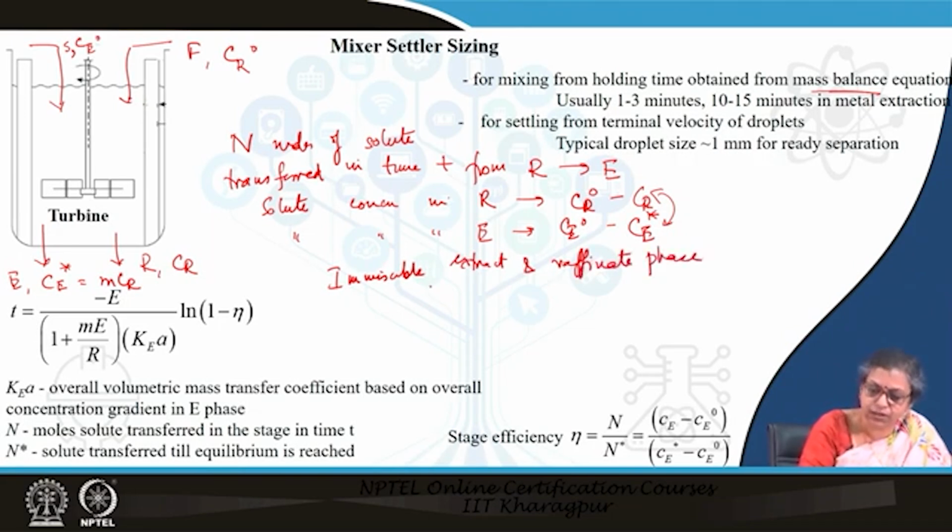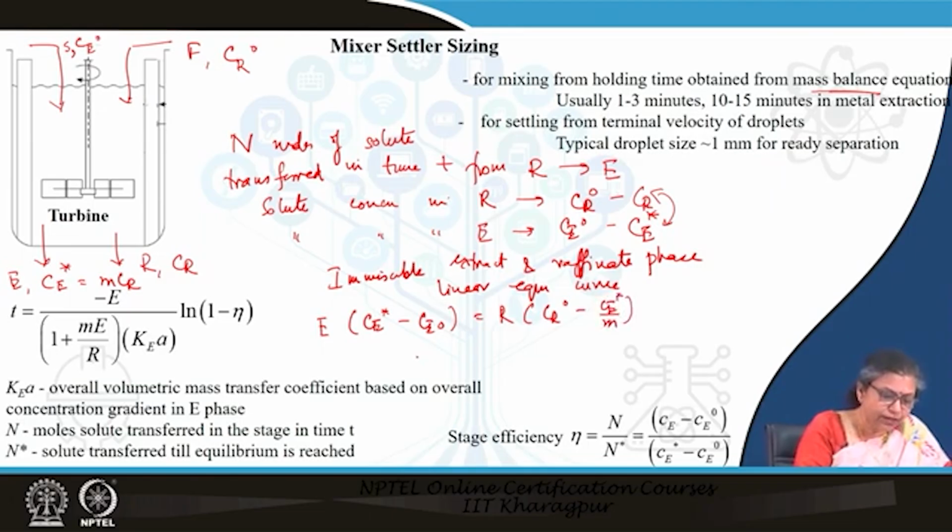and also a linear equilibrium curve. Under these conditions, if we write down the mass balance, we are going to get E times (C star minus CE0) equals R times (CR0 minus CE star by M), right.